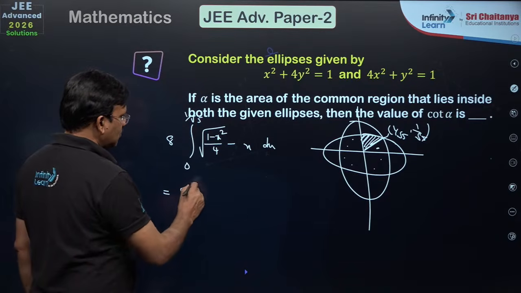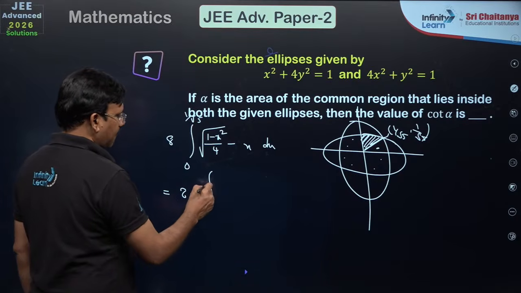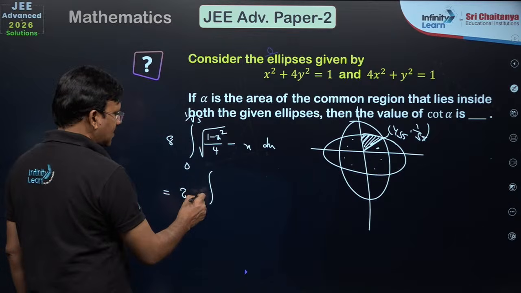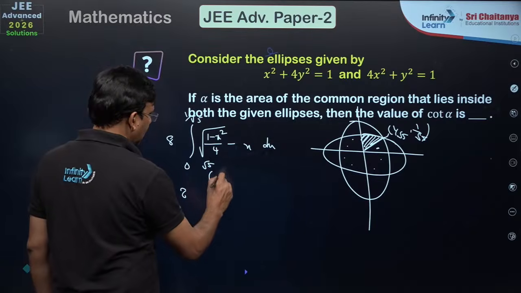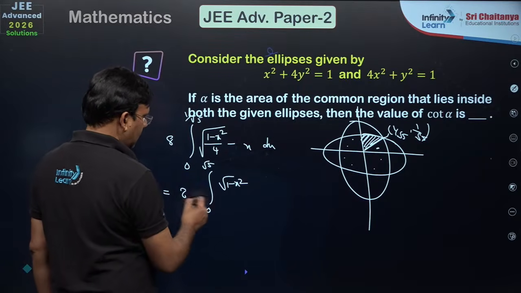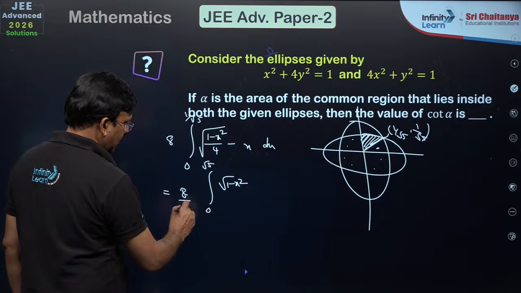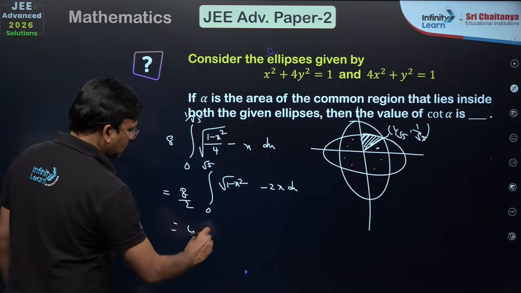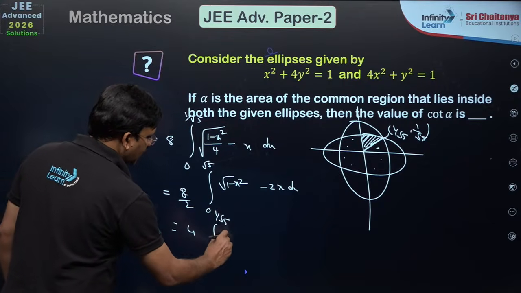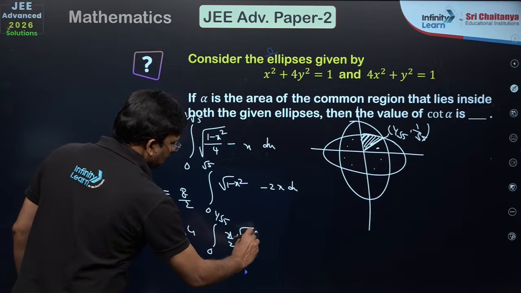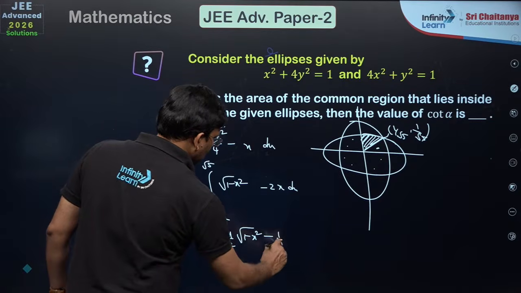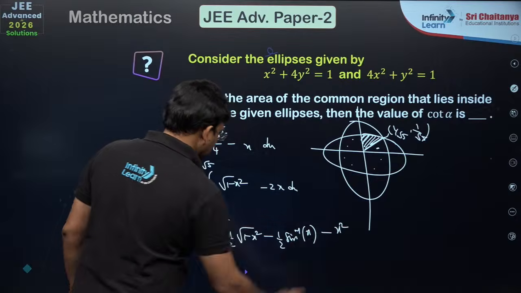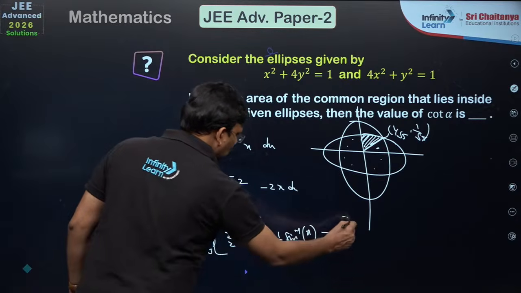So this is 8 into the integral, you can write 1 by 2 here, this is the standard integral, right? 0 to 1 by root 5 of root of 1 minus x square, you can write 2 here by 2 here, minus 2x dx, which is 4 into the integral, x by 2 into the given function minus a square by 2 into sine inverse x by a, minus its integral is x square, apply the limit 0 to 1 by root 5.